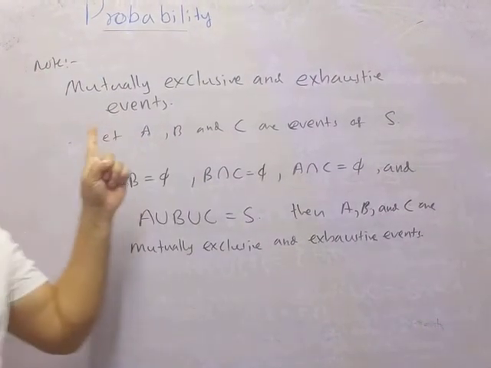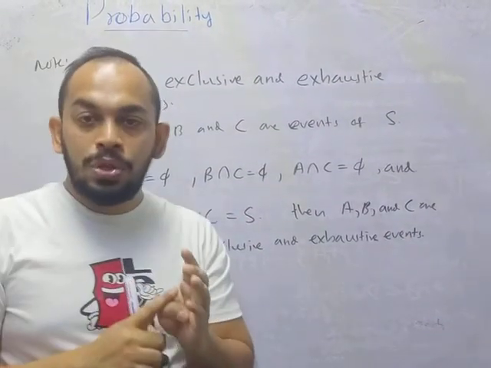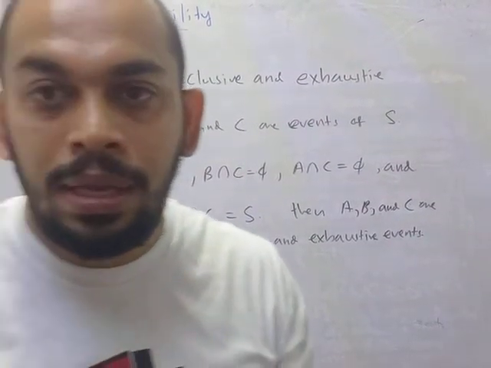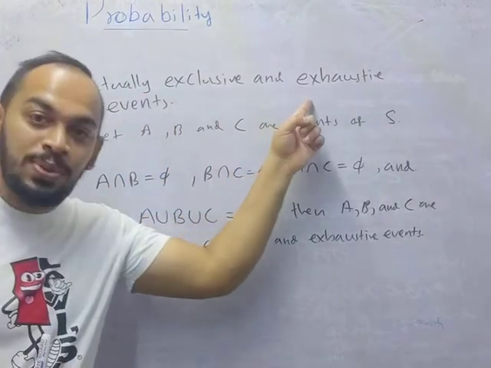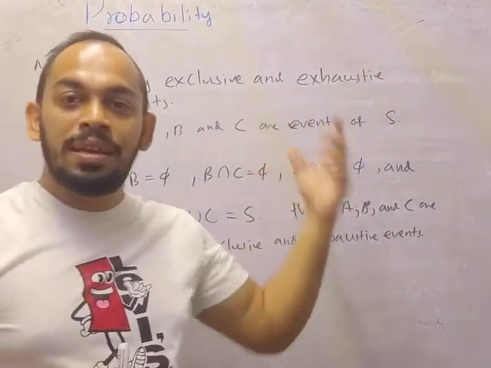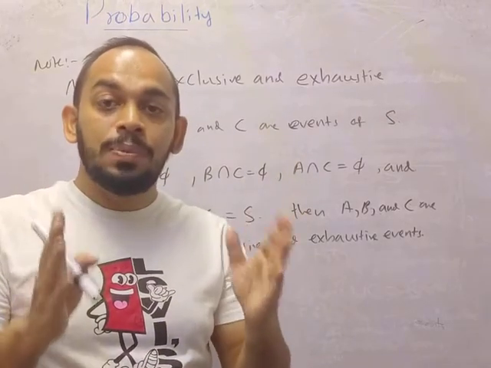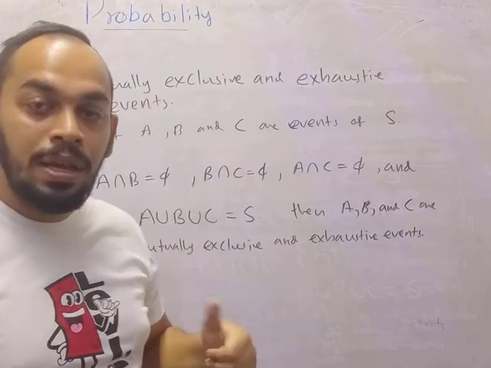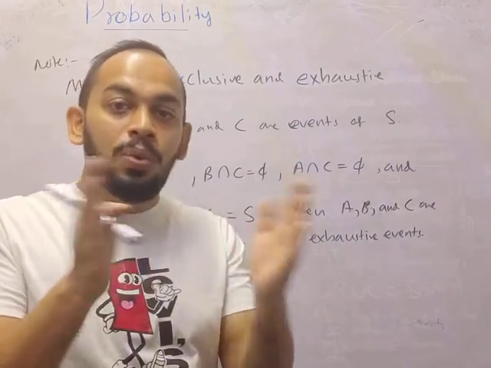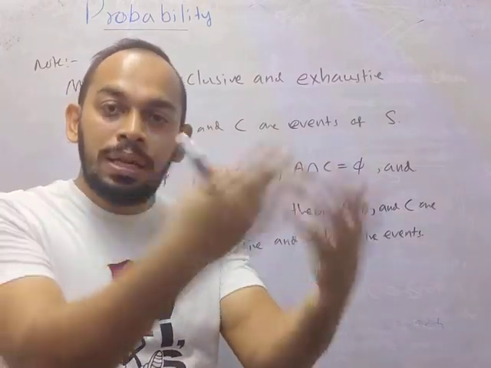So one thing to note here. We learned about mutually exclusive events. We learned about exhaustive events. There's another thing called mutually exclusive and exhaustive, which means these events must satisfy the exclusive part and the exhaustive part. Exclusive means there is no interaction; the intersection should be none.